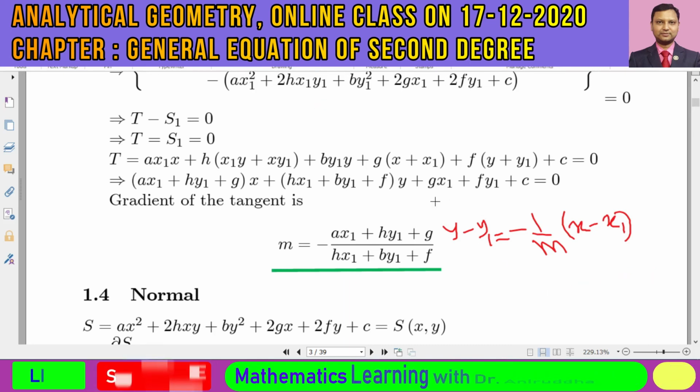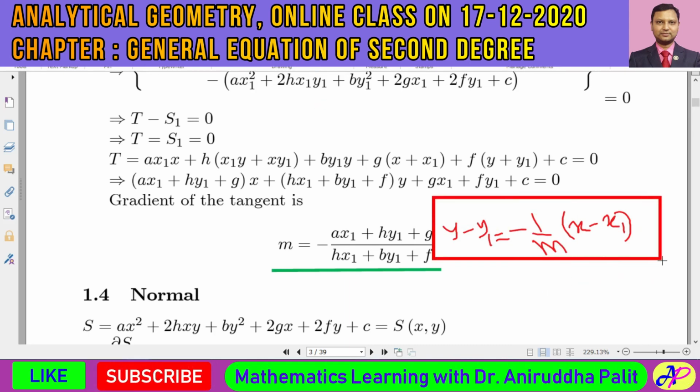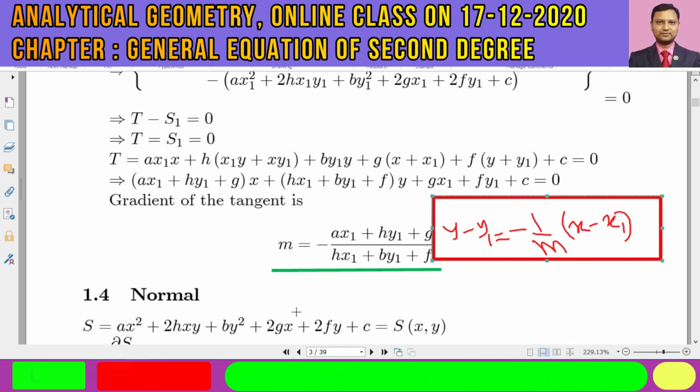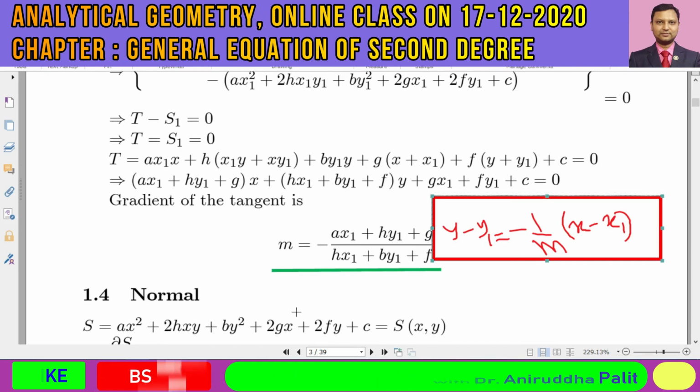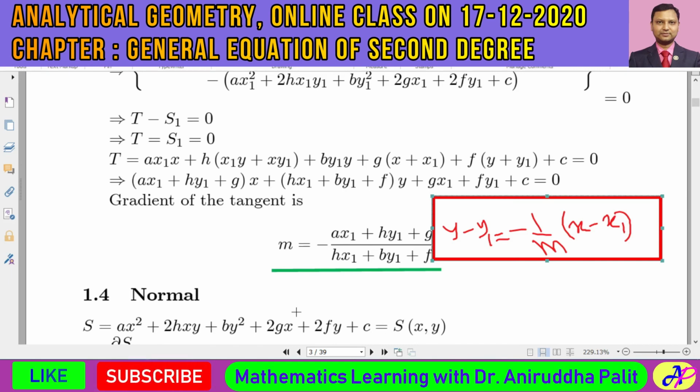So in this way, we will be able to compute the equation of normal. Is it clear to you? Could you follow?